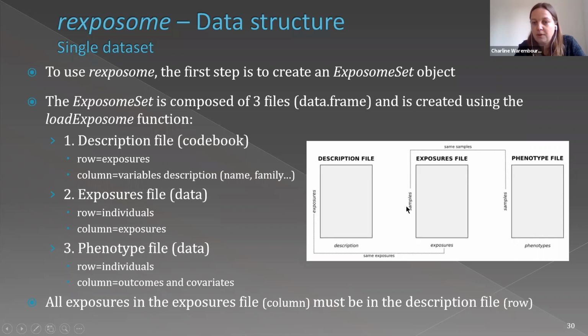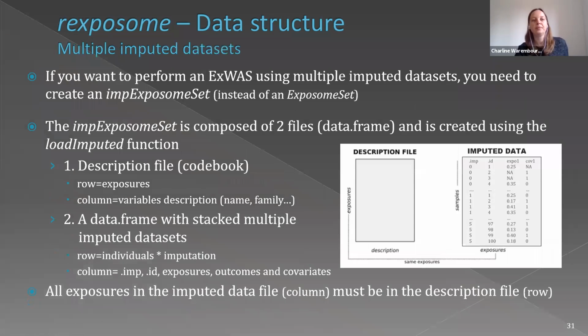And same for the individual, the identifier of your subject must match between the exposure and the phenotype file. So this is something that you need to do before starting to use rexposome.